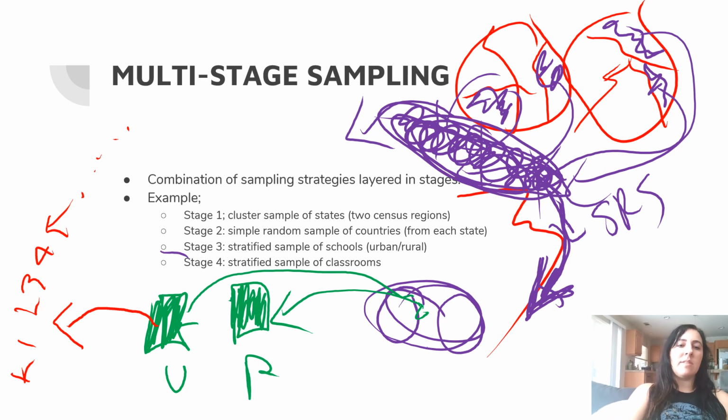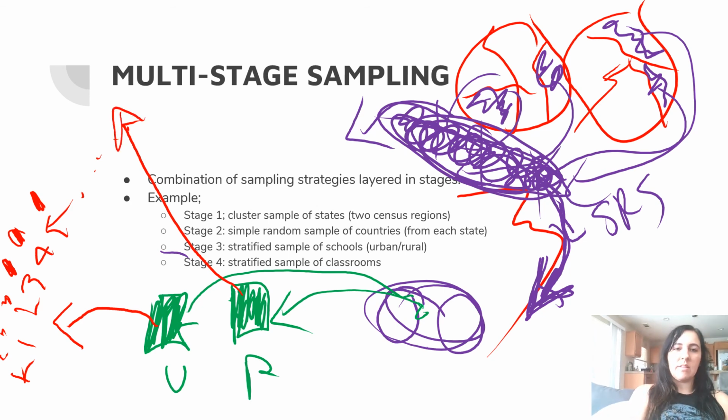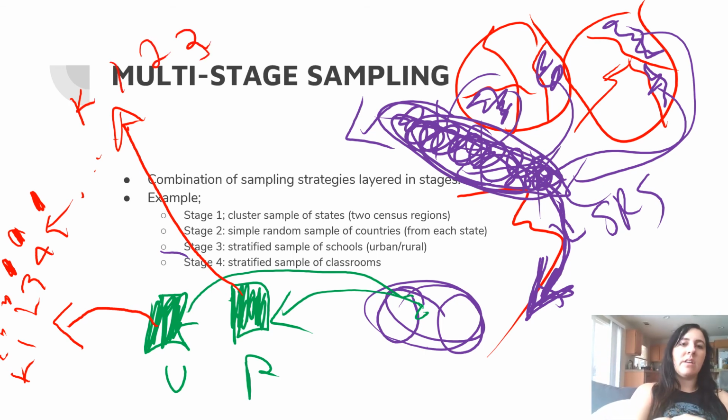From the urban sample, you'll have a certain amount of kids in each different grade. And then you can do that with the rural schools as well. So you can go ahead and separate them into different classrooms or grades, I guess.